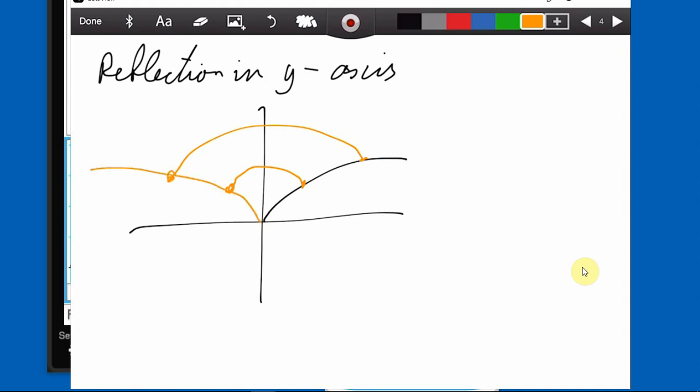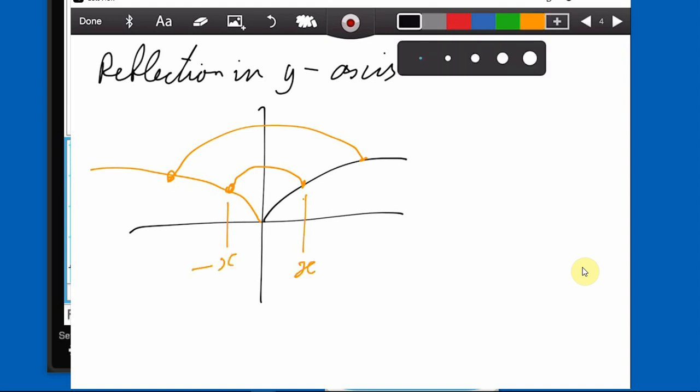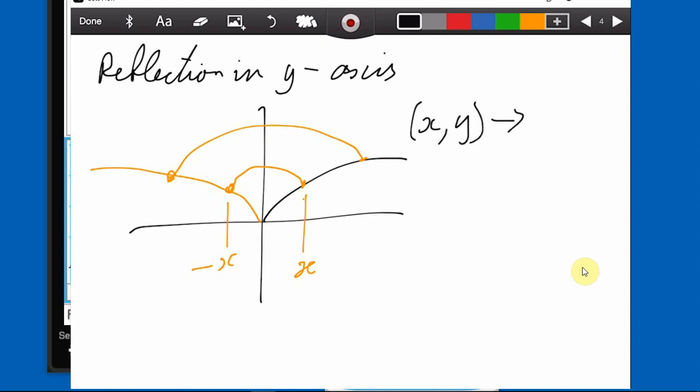So we end up with something like that. What's changed here is our x has become negative. So in terms of our mapping, our old point to our new point, our image, the x values become negative for our reflection in the y-axis.